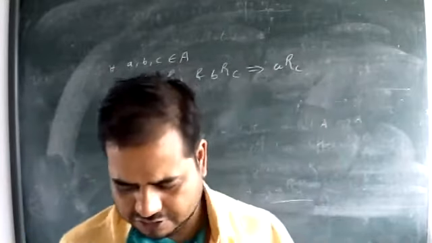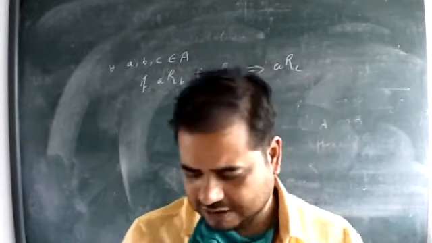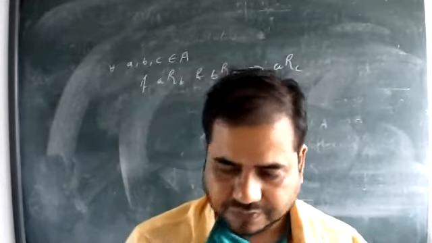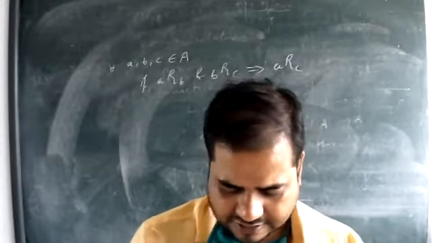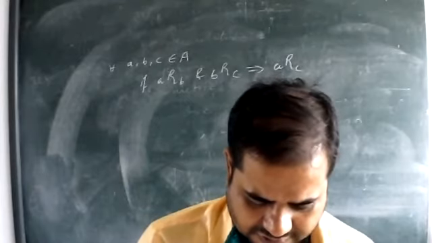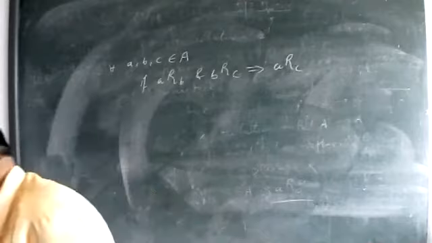And now we are going to talk about an equivalence relation. So you know the equivalence relation is nothing but a relation R which is reflexive, symmetric as well as transitive. This is known as what? An equivalence relation.